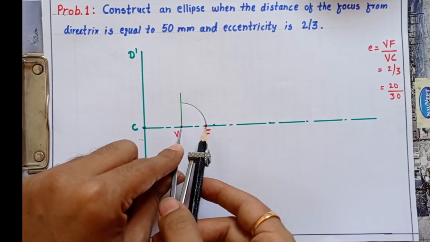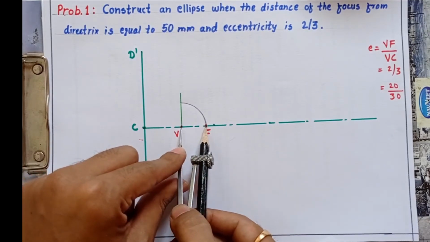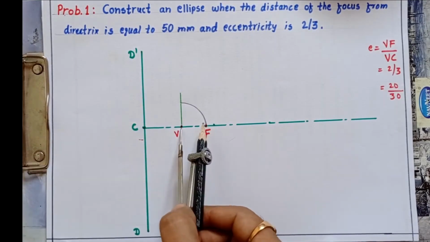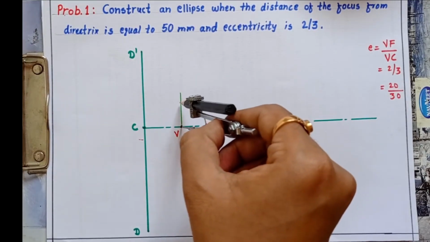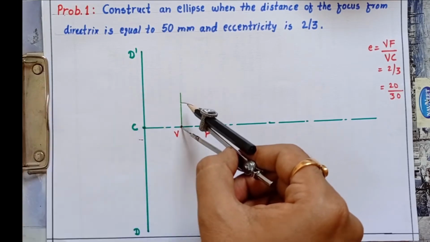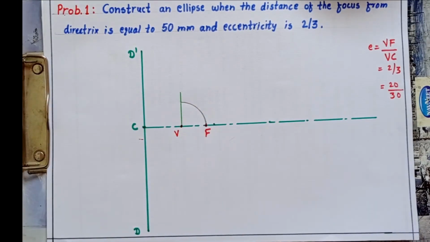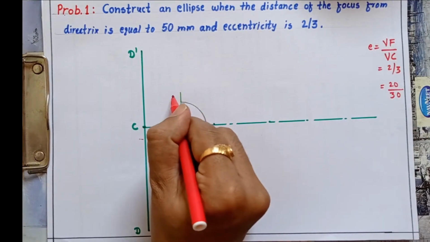We carry the distance equal to Vf, and with V as a center, we draw one arc, and that arc is going to cut the previously drawn straight vertical line, and that intersecting point will be named as point A.